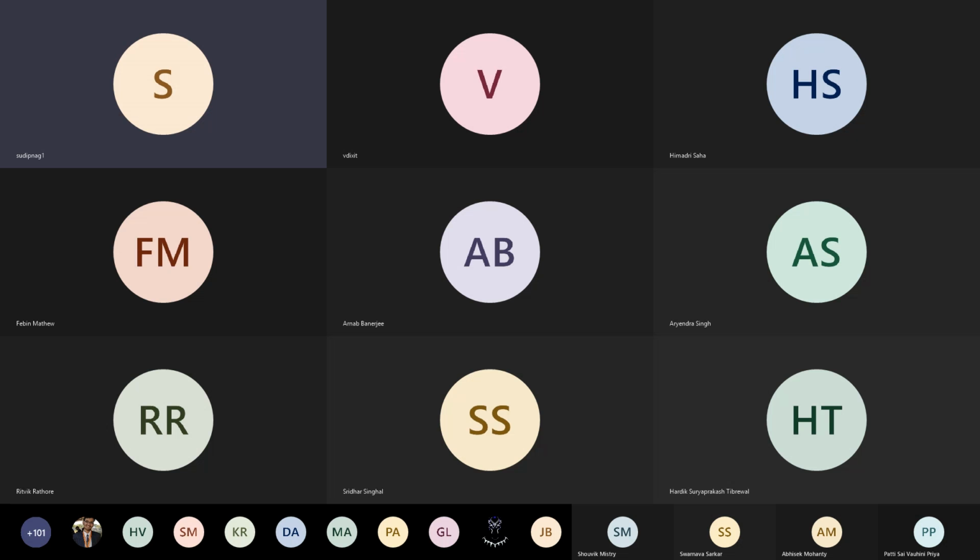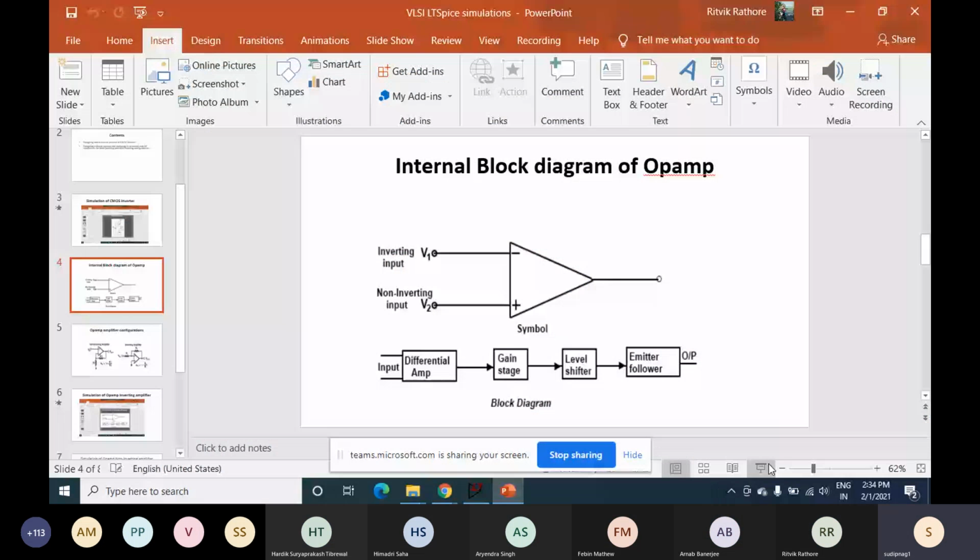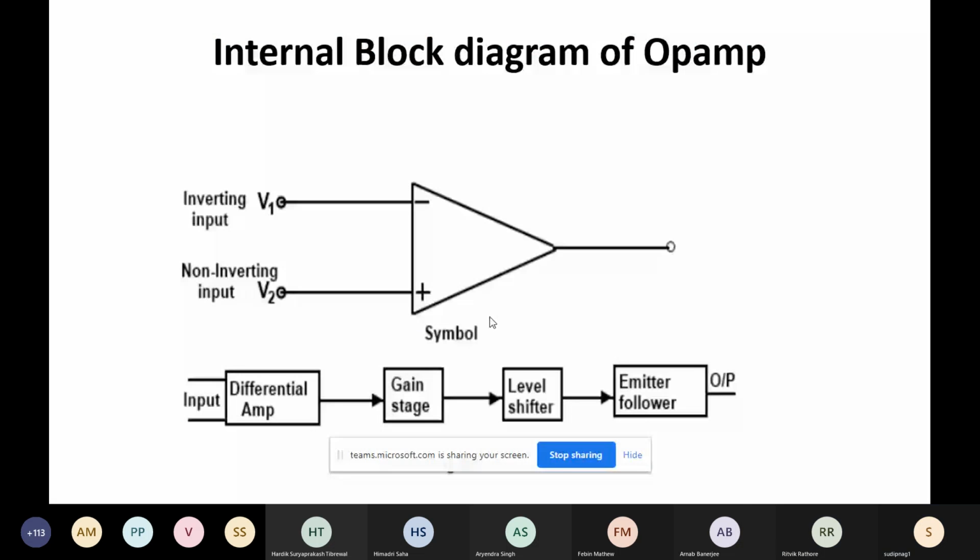Ritvik, can you now share the screen? Yes, sir. Okay. Yeah. Sir, are you able to see my screen? Yes. Yeah, I can see. Okay. You can start.